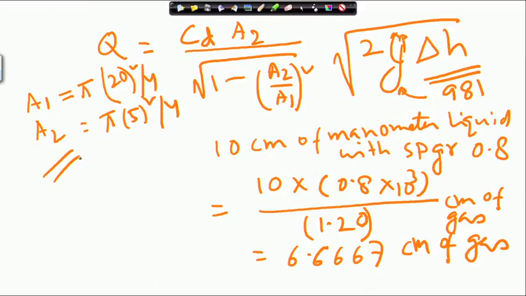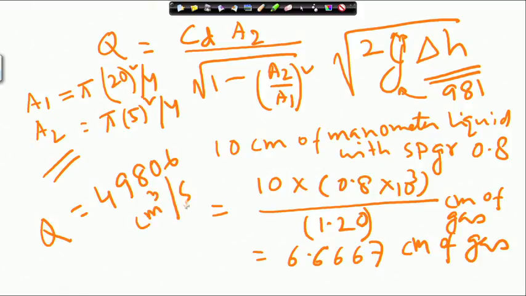CD is given as 0.7. So, Q can be obtained by putting all these values, and if you do that, you will get Q as 49806 centimeter cube per second. So, this is how you will be able to calculate the flow rate for all these flow obstruction type flow meters that we have talked about so far.